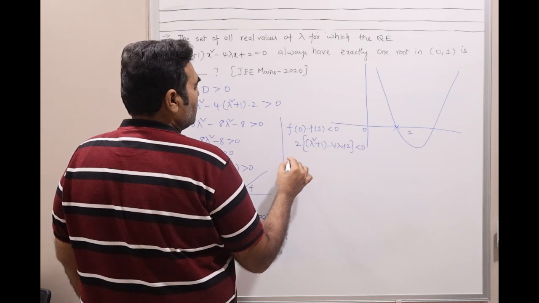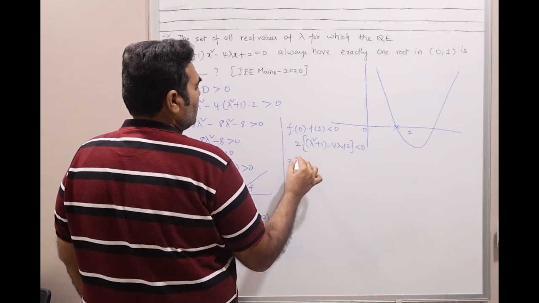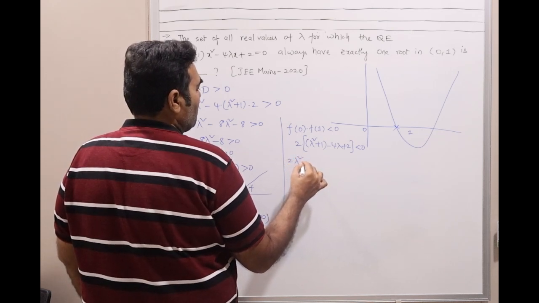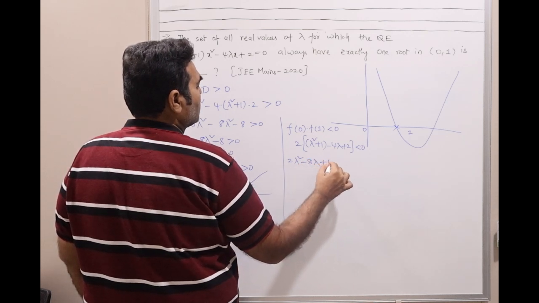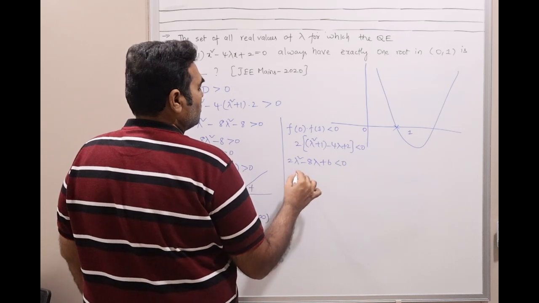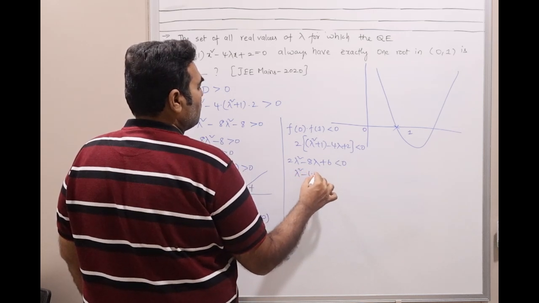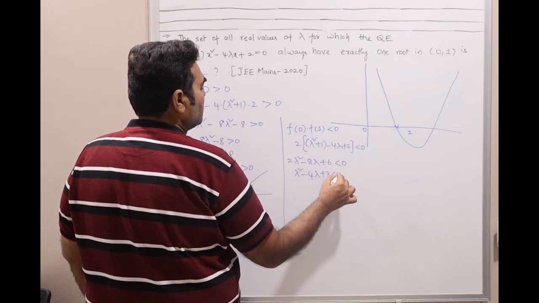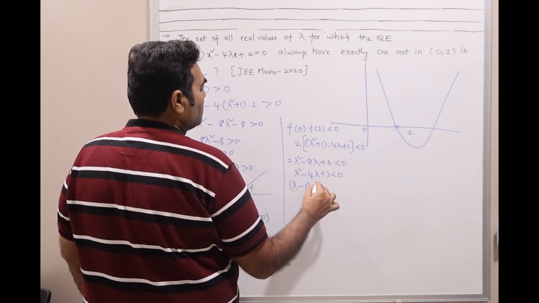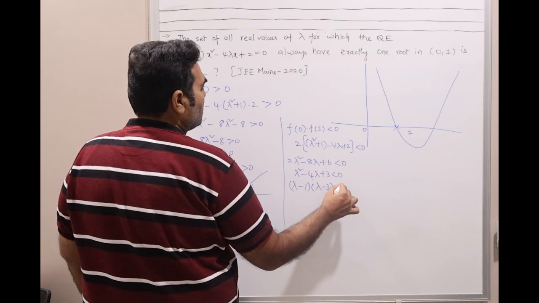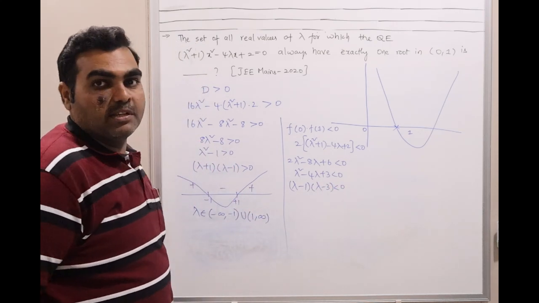If you expand it, 2 lambda square minus 8 lambda plus 6 is less than 0. So lambda square minus 4 lambda plus 3 is less than 0. If you factorize, you will get (lambda minus 1)(lambda minus 3) is less than 0.